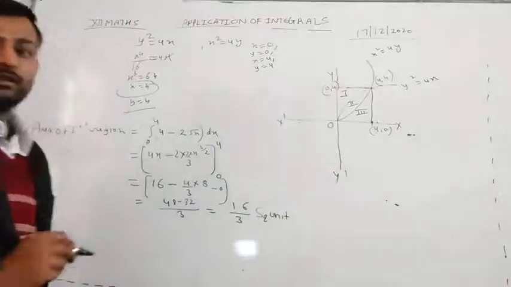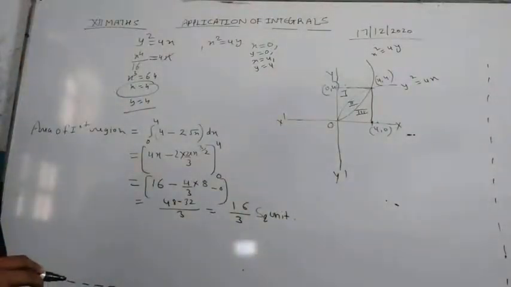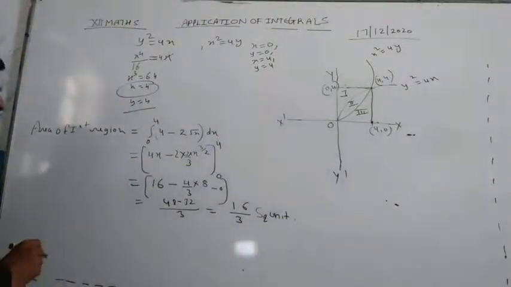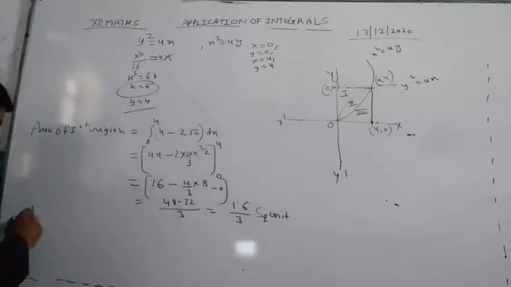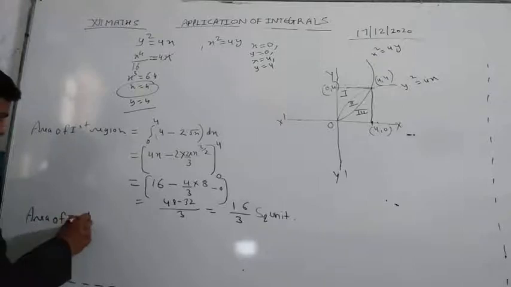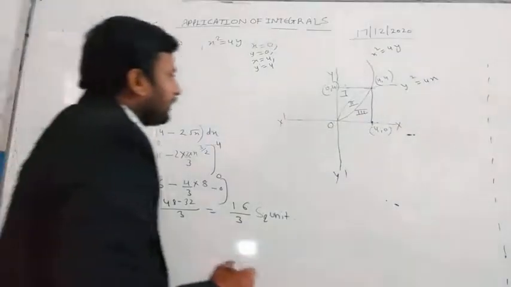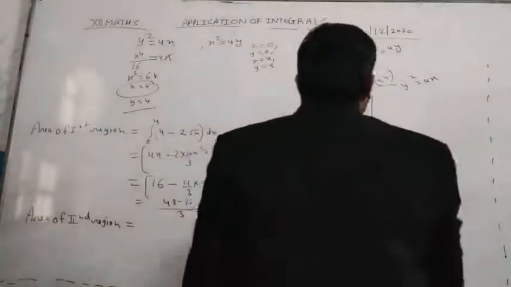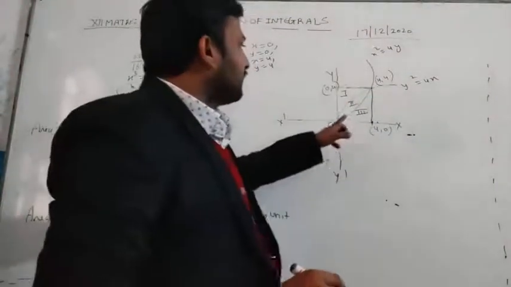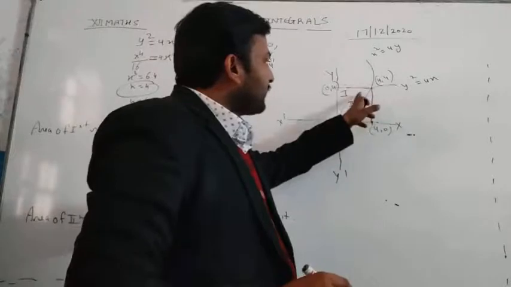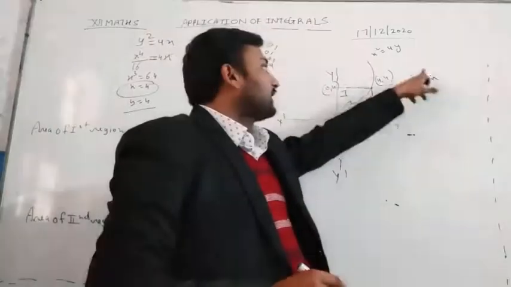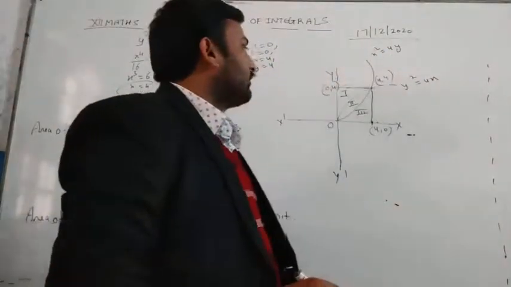Okay student, now we will find the area of the second region. So the area of the second region is, in this region we see that the curves involved are y square is equal to 4x and x square is equal to 4y.